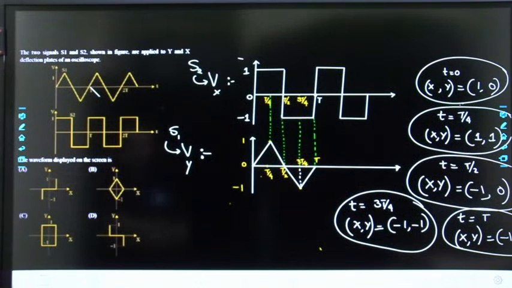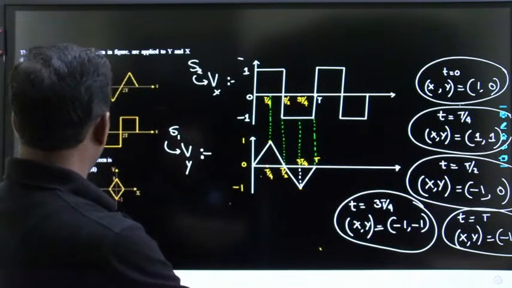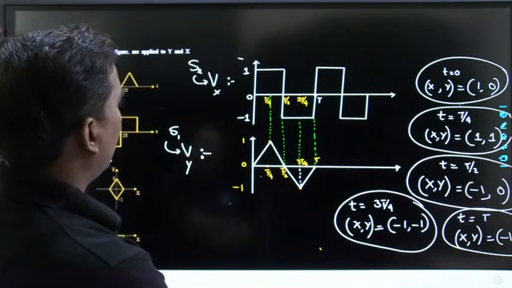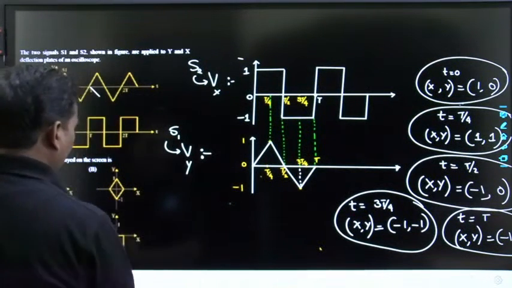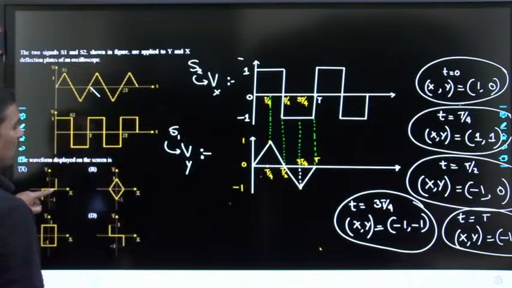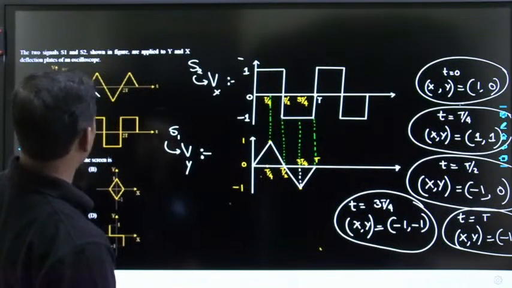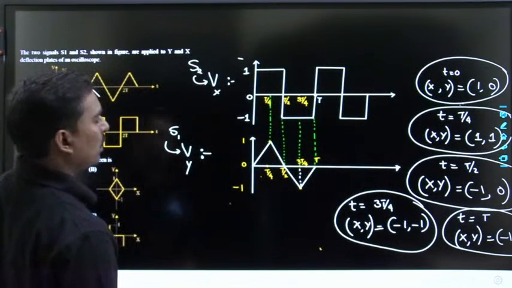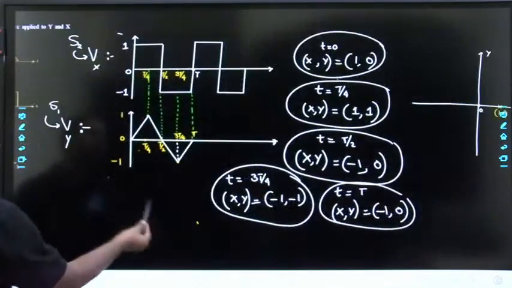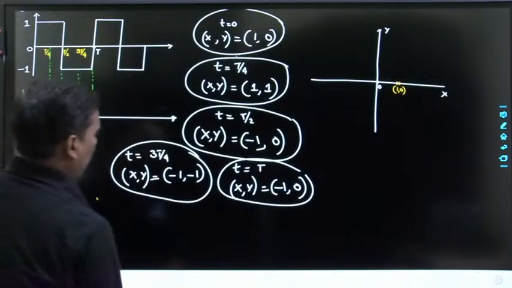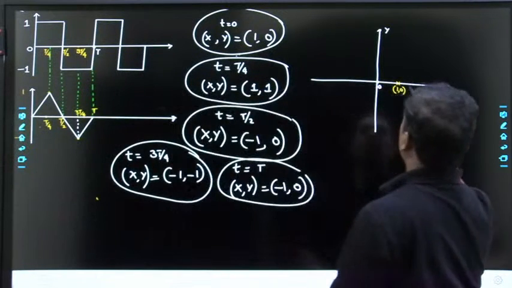At t is equal to 0, x is 1, y is equal to 0. Correct, this is matching. Next, at t is equal to T by 4, both are 1, 1. Perfect. At t is equal to T by 2, minus 1, 0. Perfectly matching, na.